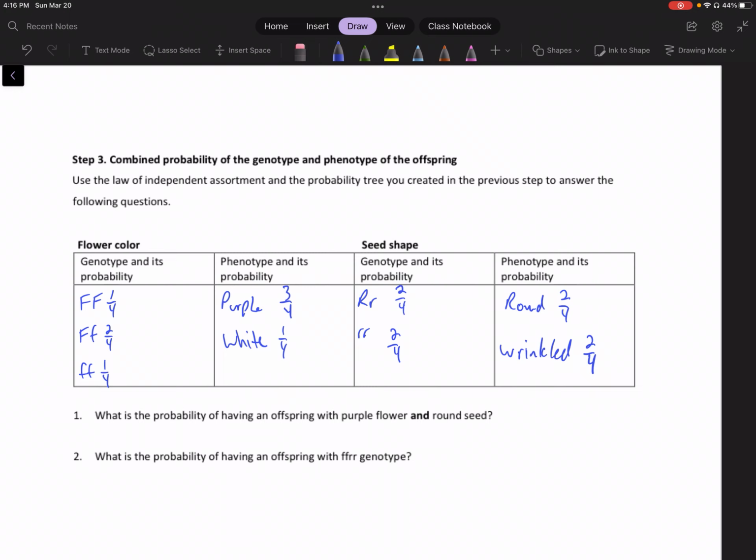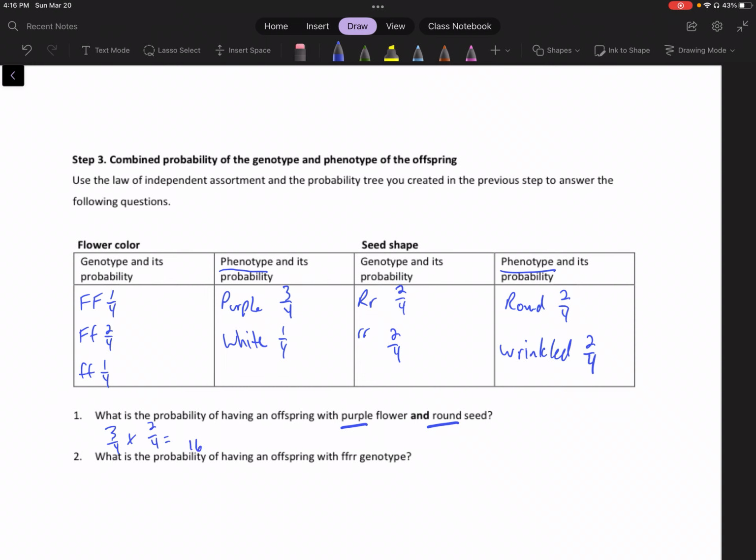Okay, so what is the probability of an offspring having purple flowers and round seeds? Since it's purple and round, we're looking at traits, so we're looking at phenotypes. Purple is 3/4, and then round seeds is 2/4. Now we're going to multiply across, right?